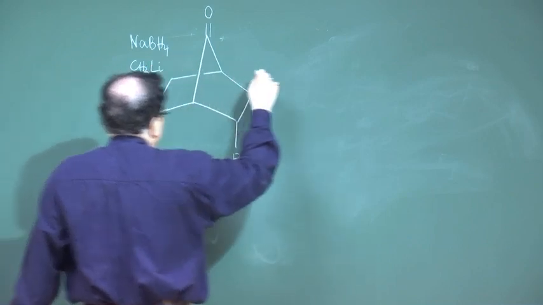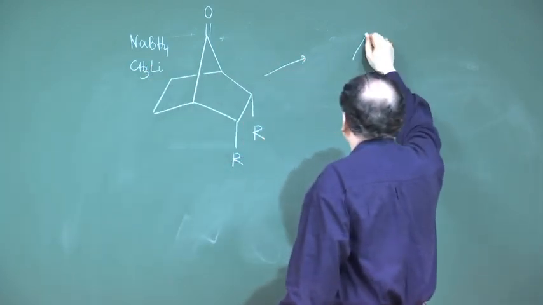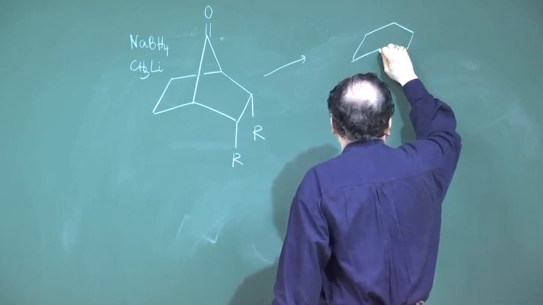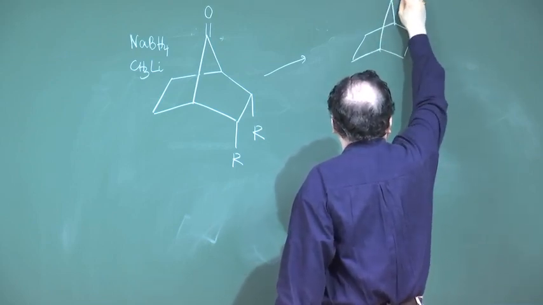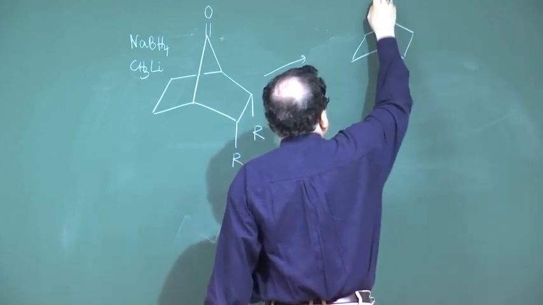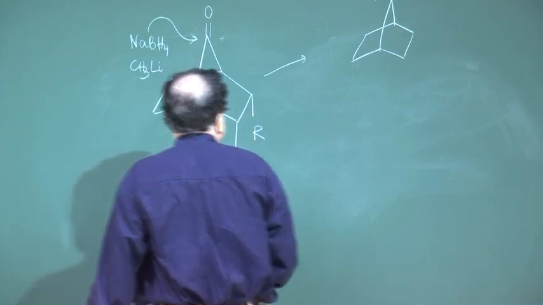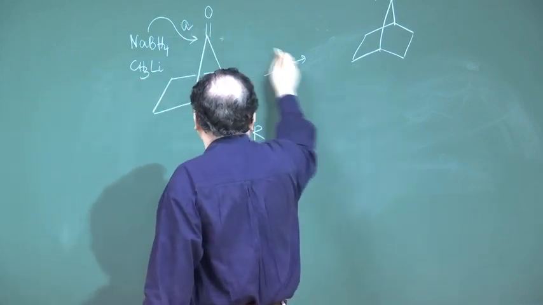Okay. So, what are the products? If sodium borohydride, you get either this OH and H, that means the borohydride is approaching from this face. So, that is path A.